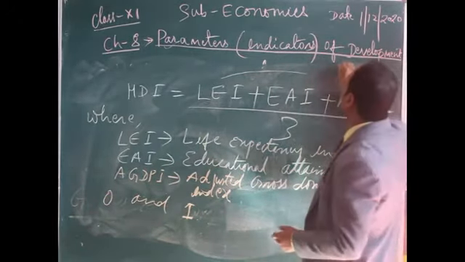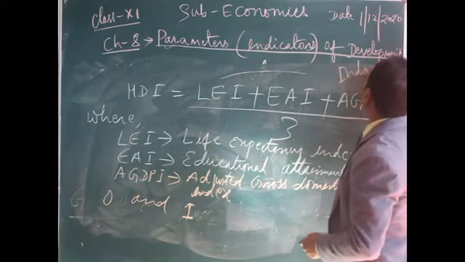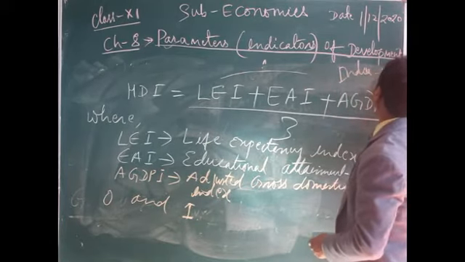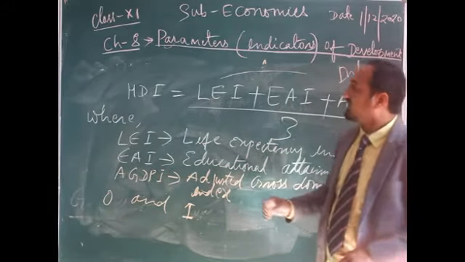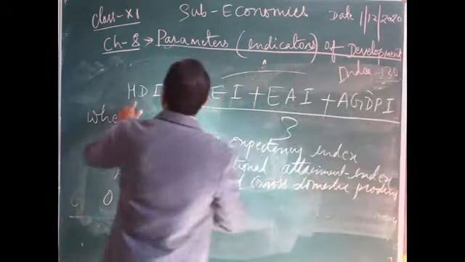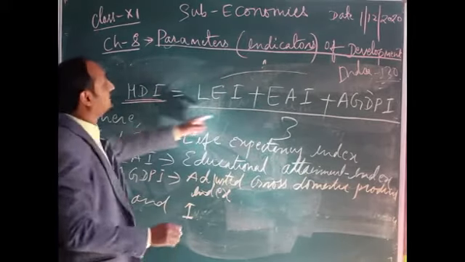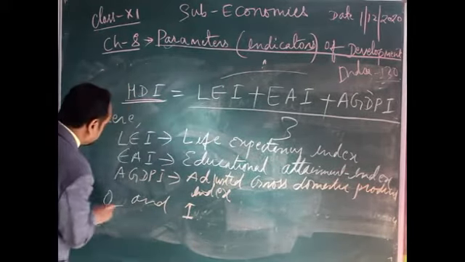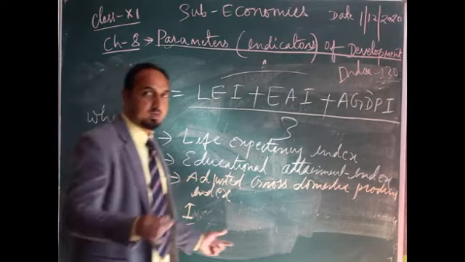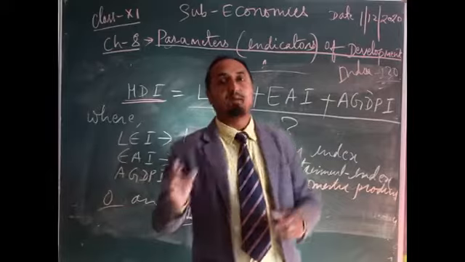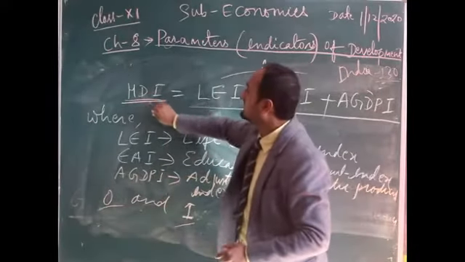India's ranking is 130 in this list. But when we calculate the value of HDI, it will lie between 0 and 1. It will be greater than 0 and up to 1. So that is the minimum and maximum limit of this HDI.